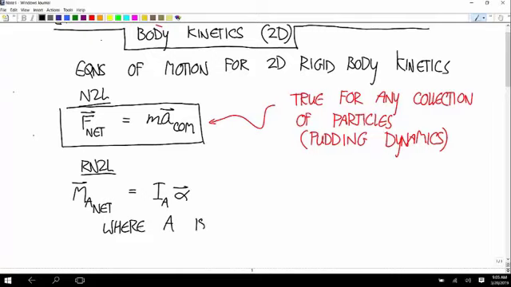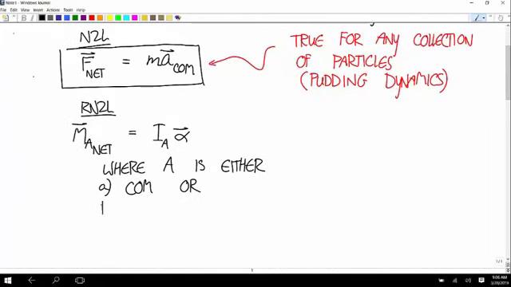So A is either, give me one. Center of mass, that's right. Or fixed in the inertial coordinate system.